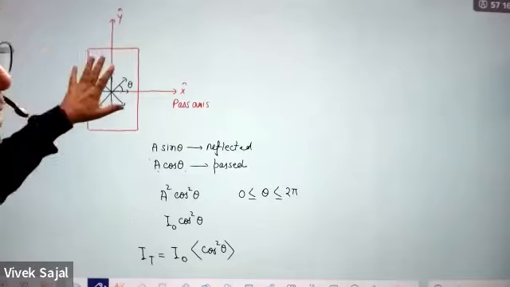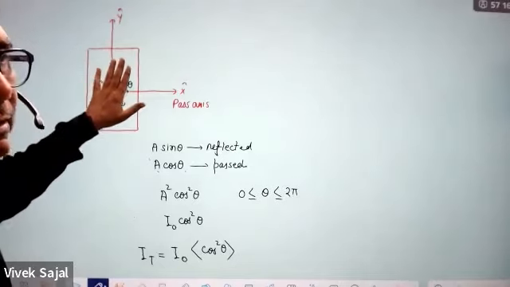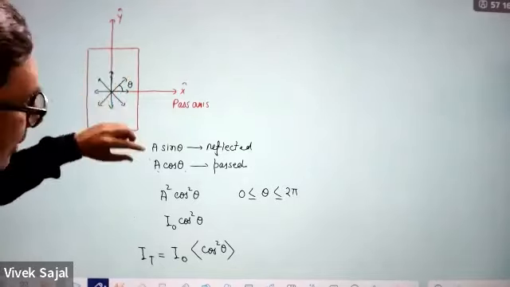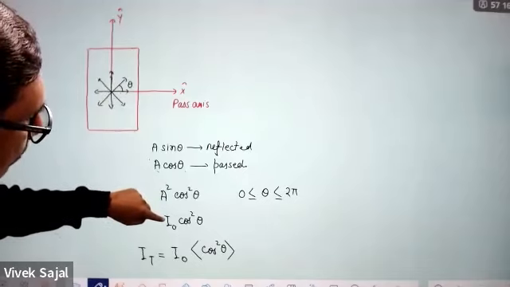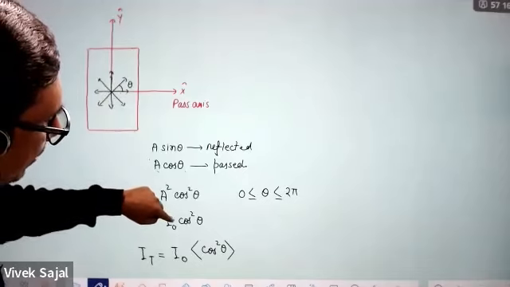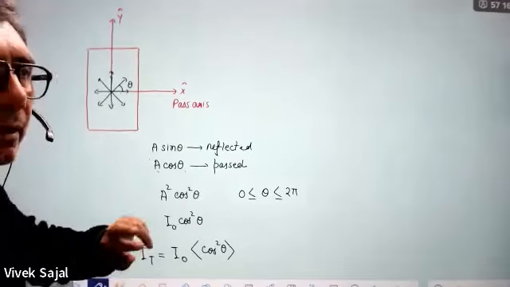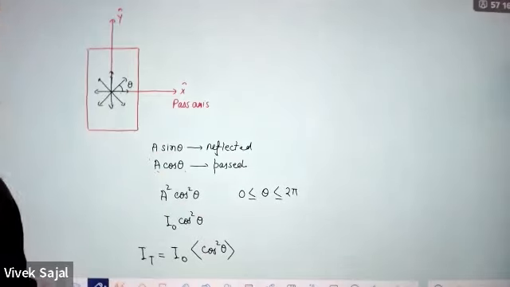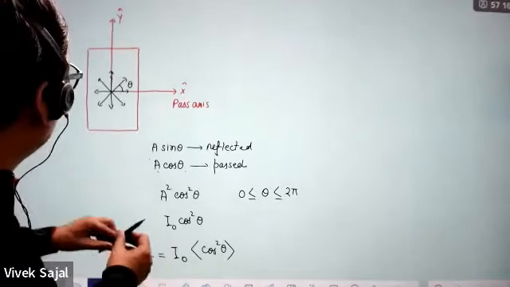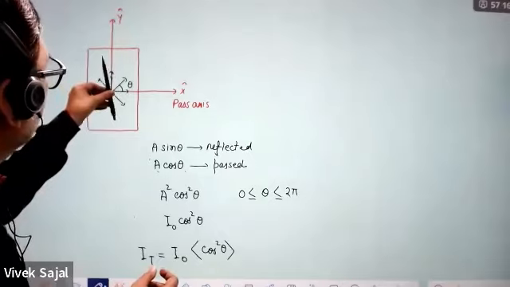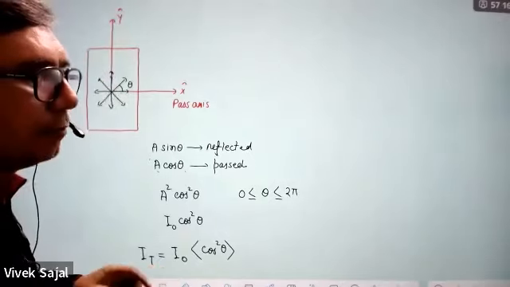If unpolarized light of intensity I naught is incident, then due to one component it will be I naught cos square theta. But cos square theta is continuously varying, continuously changing. All possible orientations of the electric vector are going to be there.